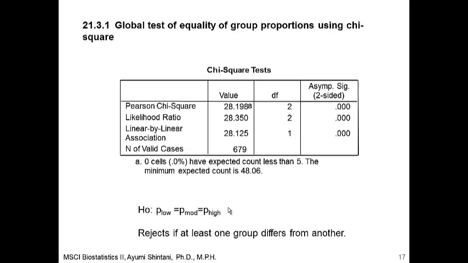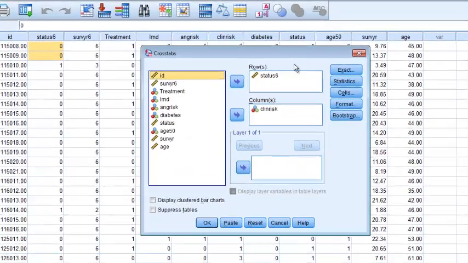Let's remember the ANOVA concept, the same concept as we learned in the ANOVA lecture. Rejecting this null hypothesis means at least one group differs from another. Although we don't know where the difference is, now we are allowed to look at each pairwise comparison.